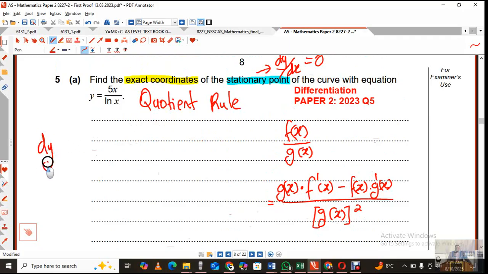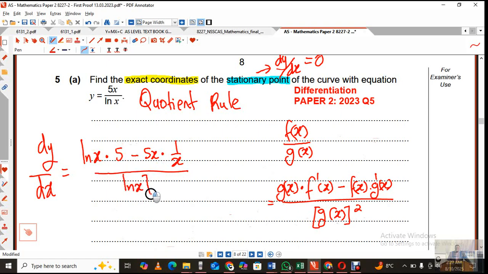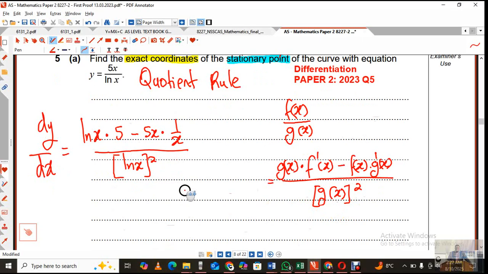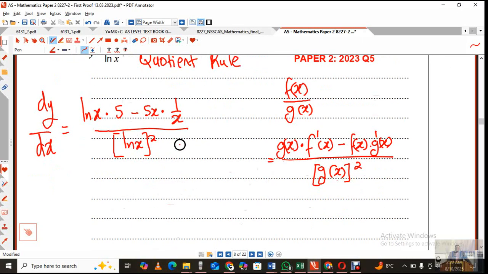So dy/dx is equal to the natural log of x times the derivative of the numerator minus the numerator times the derivative of the denominator, everything over the natural log of x all squared. Okay, so I can actually go ahead and set this to 0.